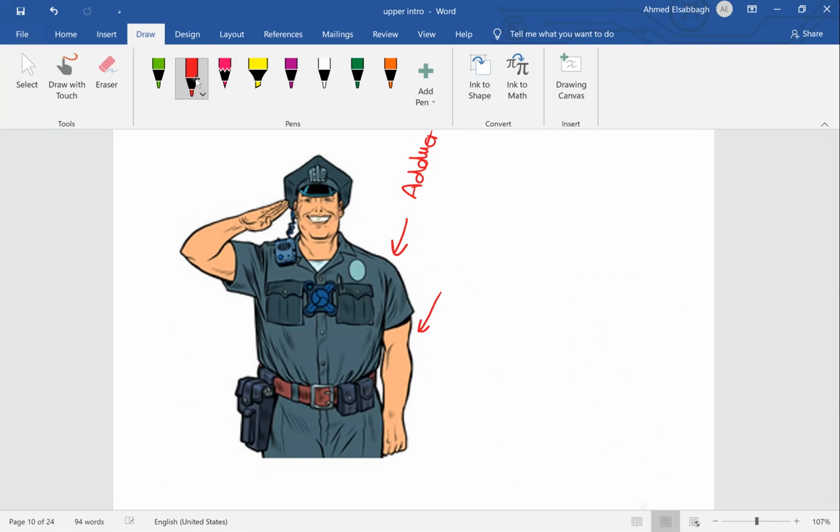Internally rotated or externally rotated? The hand is looking backward, so it's of course internally rotated. Okay, the elbow is flexed or extended? It's extended. Okay, supinated or pronated? Yes, the hand looks backward, so it is pronated.